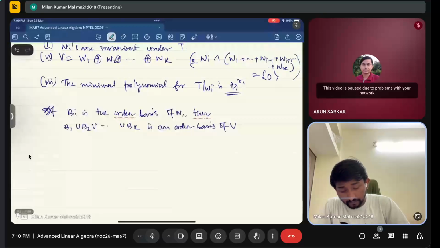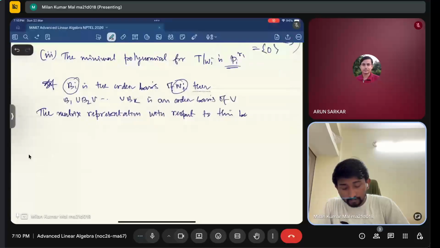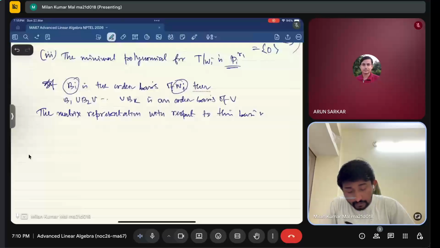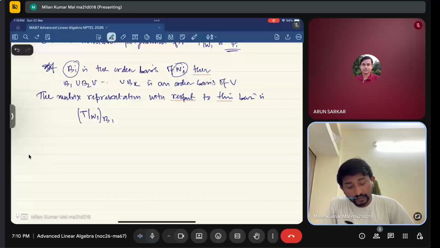So the matrix representation with respect to this basis is: the matrix representation of T restricted to W1 with respect to the basis beta 1, next the matrix representation of T restricted to W2 with respect to beta 2, and in this way this will be a block diagonal form.